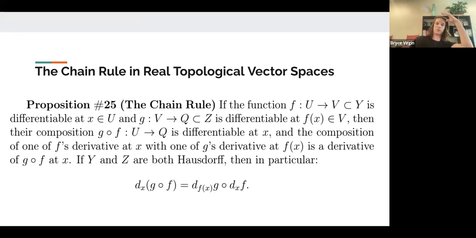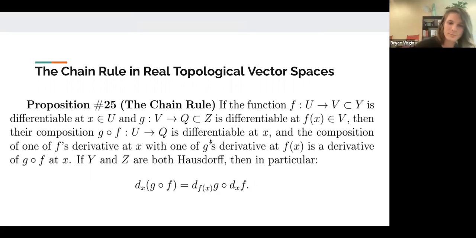And one of the derivatives of this composition at the point in question is going to be the composition of the 2 associated derivatives from our input functions g and f. Once again, no uniqueness. So any choice of such derivative functions we could compose together to get a derivative of the composition. And if they are Hausdorff, then in particular, we have this relationship that everybody recognizes from differential geometry, hopefully.